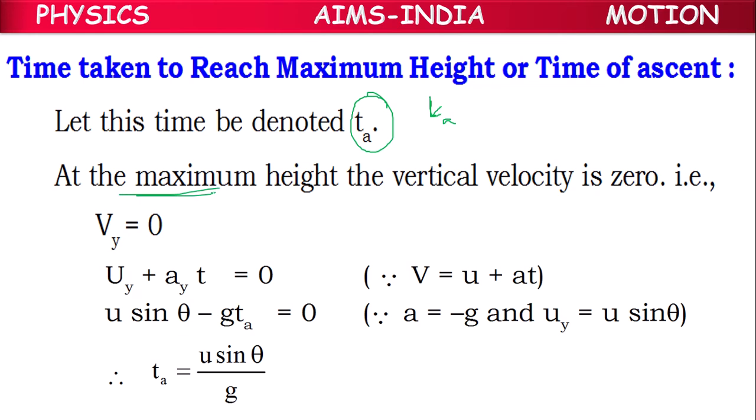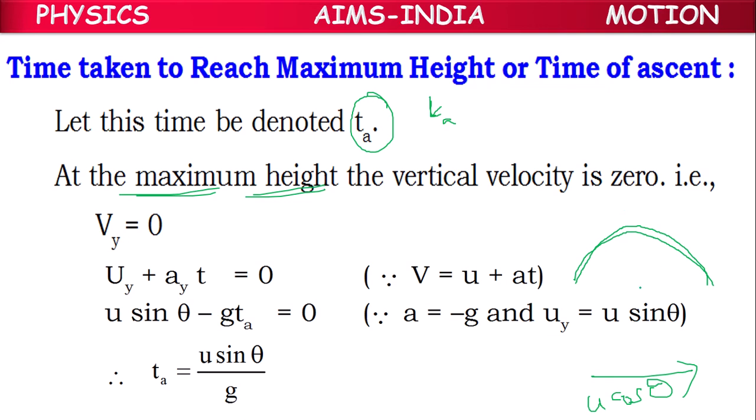At the maximum height, because throughout the journey of the projectile along the horizontal direction, there is no force acting, this u cos theta is constant throughout the journey.